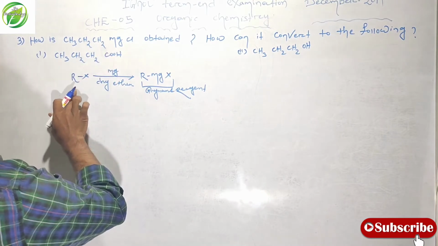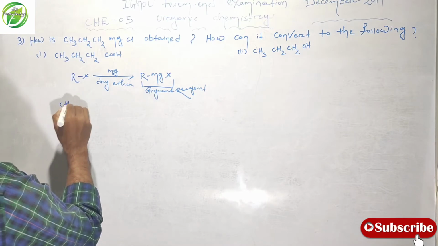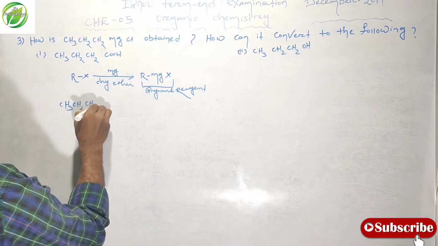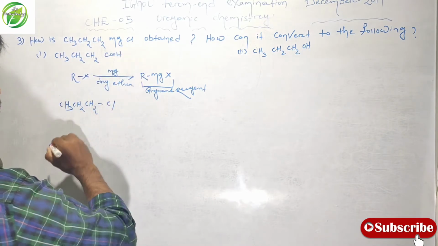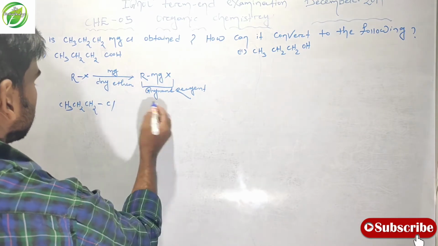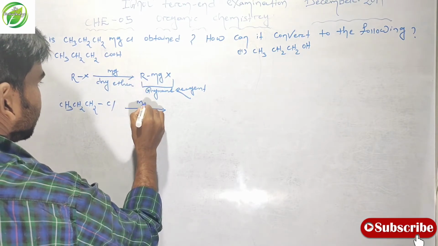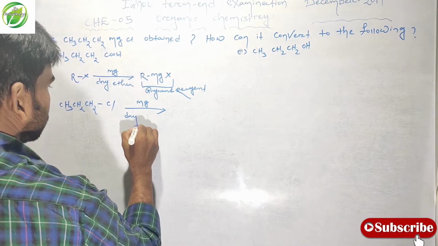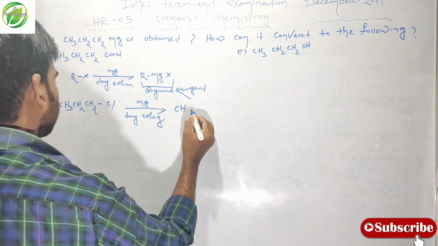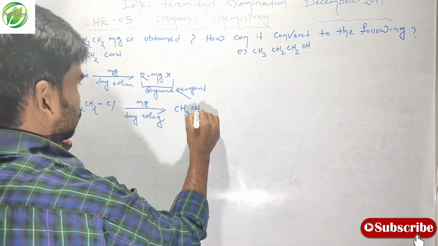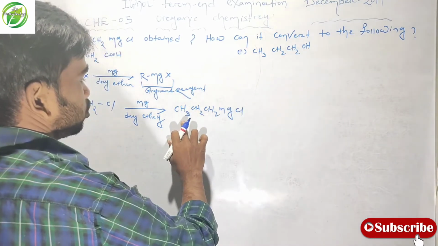We put in R the CH3CH2CH2 alkyl group, and in X we put chlorine. When this alkyl halide reacts with magnesium in the presence of dry ether, the product formed is CH3CH2CH2MgCl. This is also called Grignard reagent.